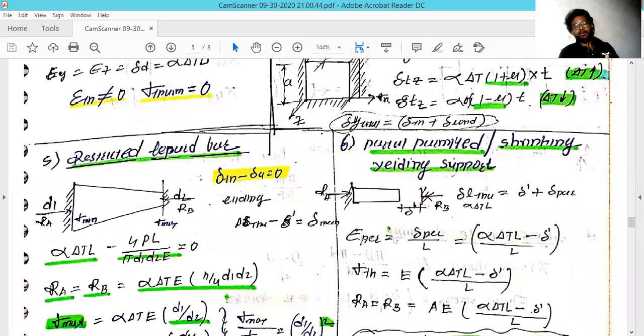So now we have a formula for the strain. Now multiply with the E value, and we are able to find the stress value. If you multiply the above formula with the area, we can find the force due to the thermal strain.